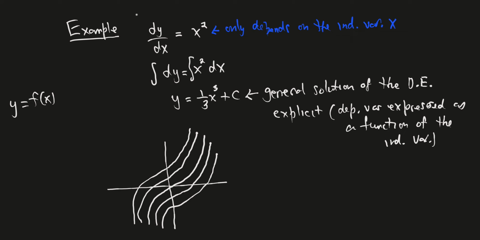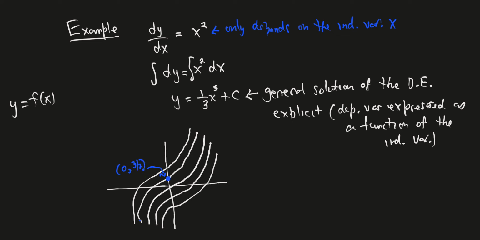But suppose I wanted to find the specific one that passes through the point, let's say that point right there, the point 0, 3/2, right?